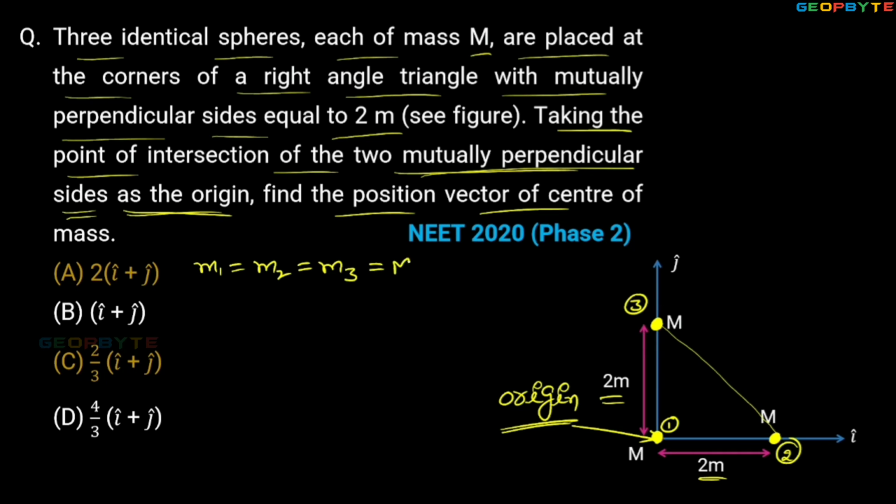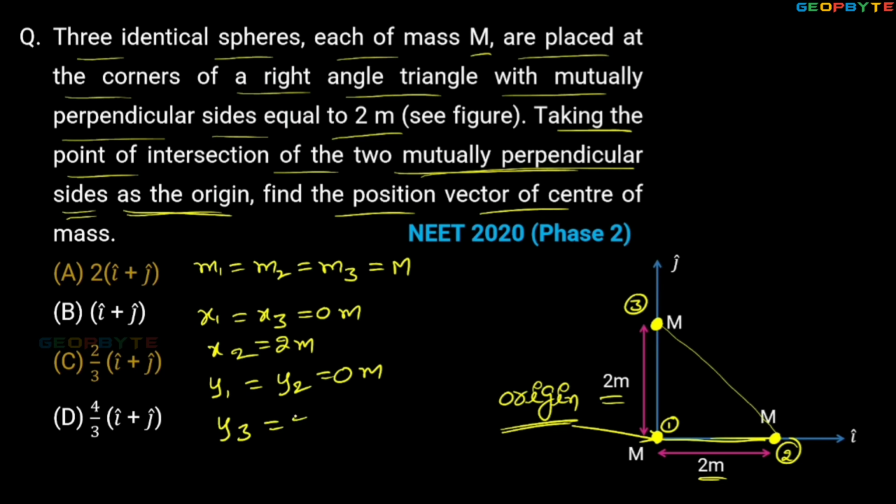All three are equal to m. x1 equals x3 equals 0 meters, and x2 equals 2 meters. Be very careful. Similarly, y1 equals y2 equals 0 meters, but y3 equals 2 meters.